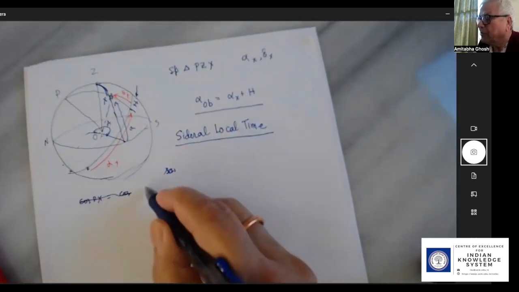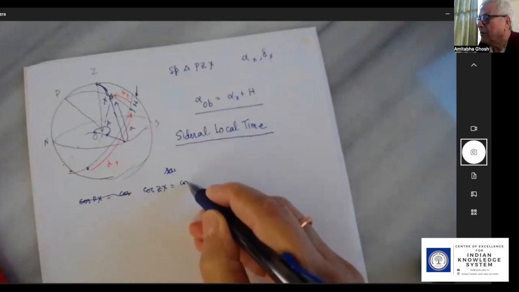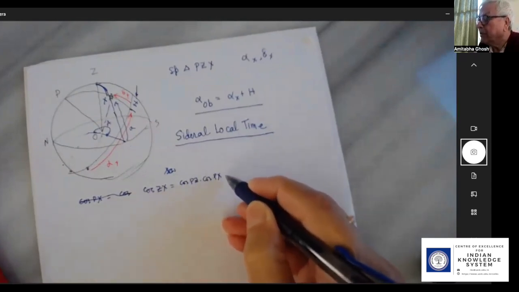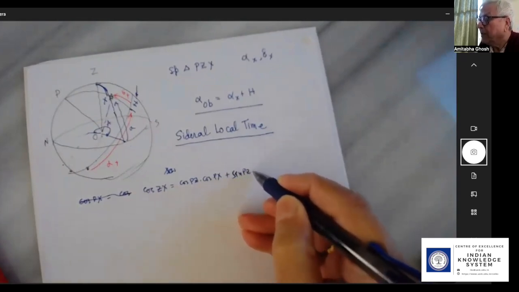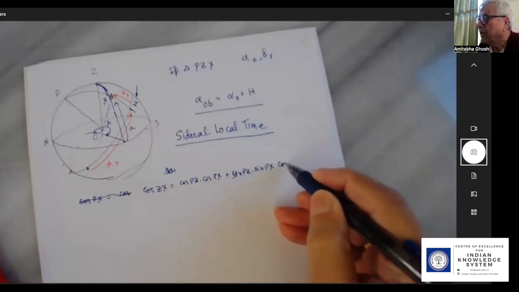So cosine Zx is equal to cosine Pz cosine Px plus cosine Pz into sine Px into cosine.